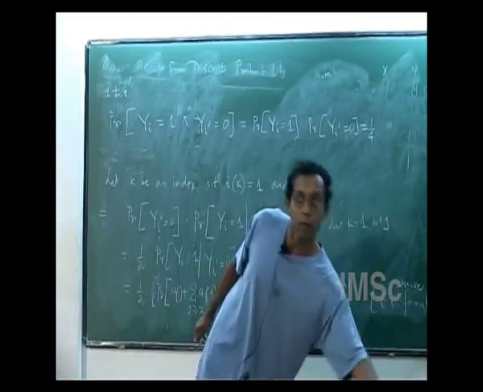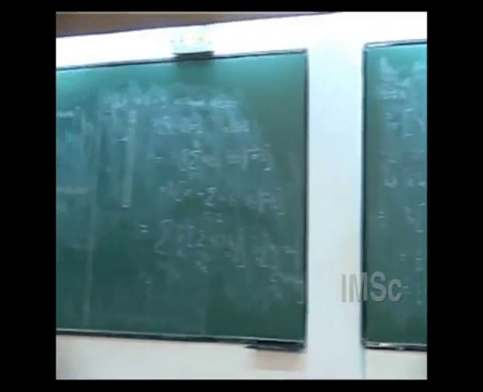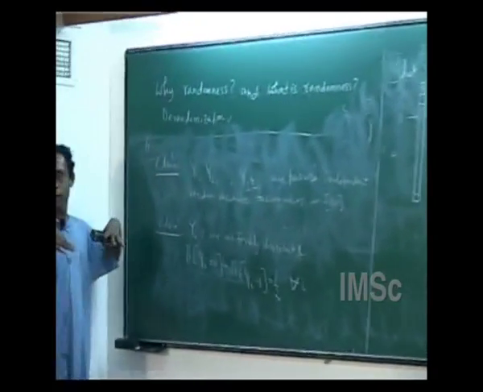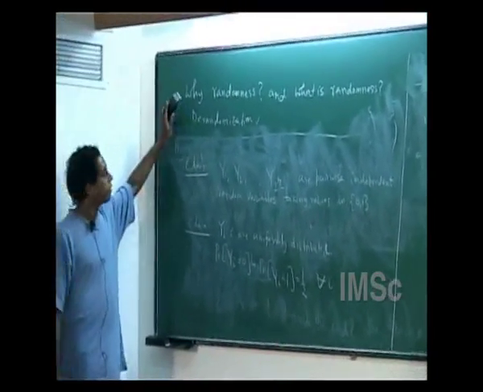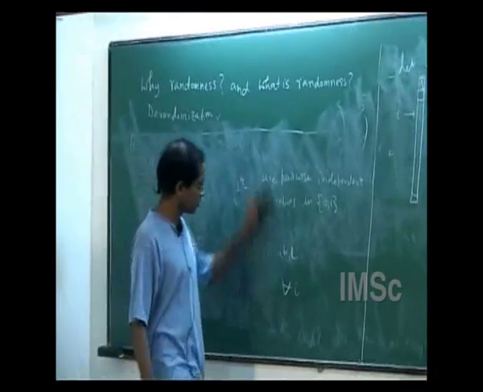Good. So we have found a set of random variables that are pairwise independent. Now finally we want to do something in the algorithm.